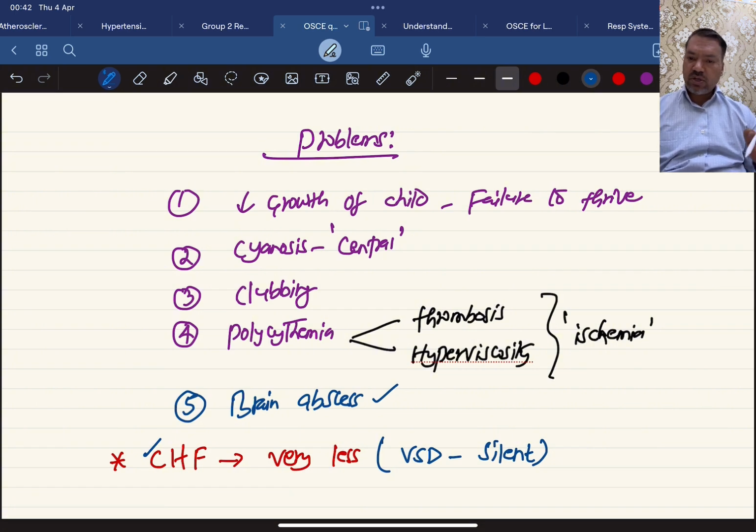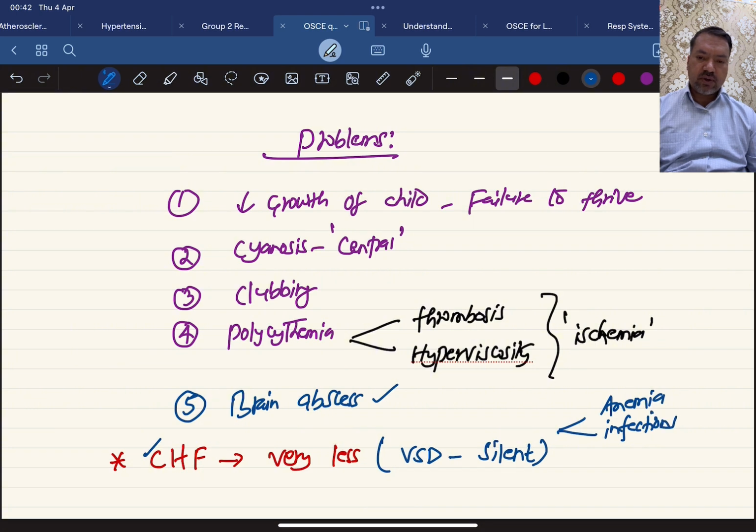But in certain conditions, heart failure can still occur, and those conditions are anemia, any infection like infective endocarditis or other infection in the body, any other heart disease, excessive fluid overload, cardiac arrhythmia.